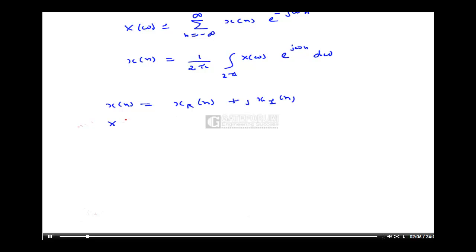Similarly, I can write X(omega) as the real part of X(omega) plus j times the imaginary part of X(omega). Okay. Now e to the power minus j omega can be written as cos omega minus j sin omega.